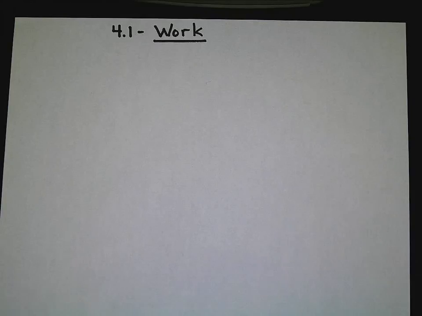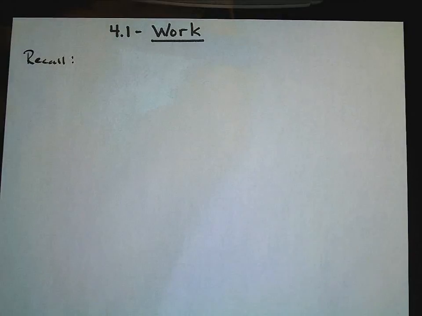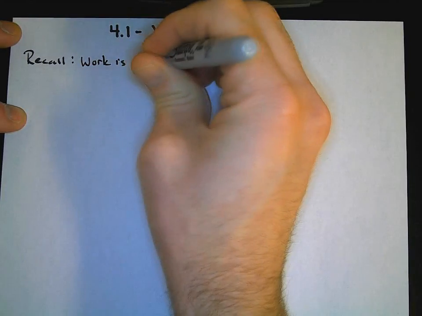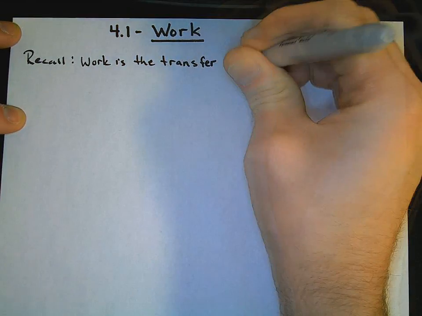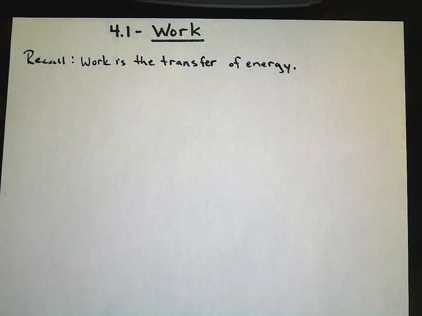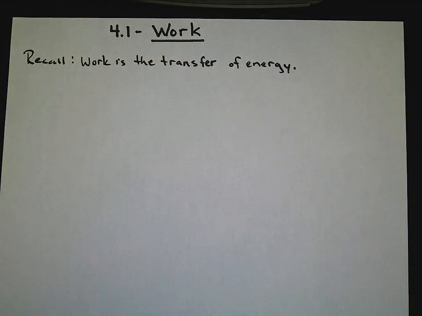We'll begin our second unit looking at a brief review of grade 11 physics when we're talking about work. As a reminder, we need to remember that the definition of work is a transfer of energy from one form to another.